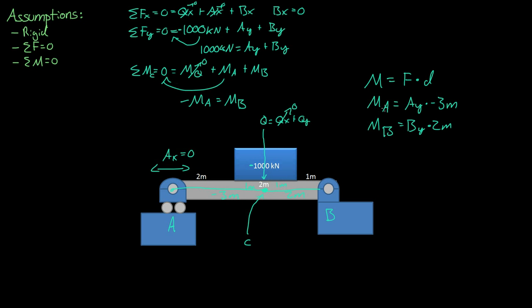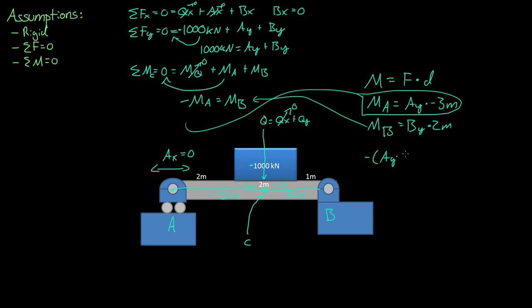So then if we plug this into there and this into there, we get a negative Ay times a negative 3 meters is equal to By times 2 meters.